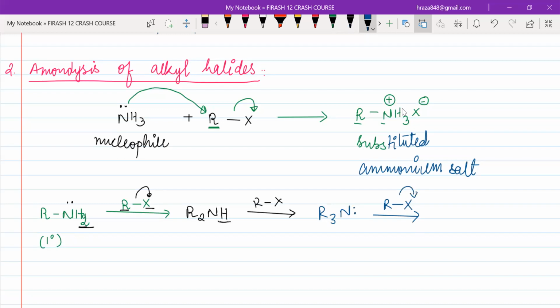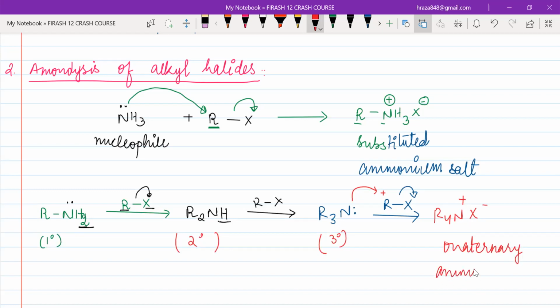This will take electron from here. X will take electron from R, so there will be a positive charge and it will attack on this. So it will be R4N positive and X negative. You can see this will be the formation of 2 degree amine, this will be the formation of 3 degree amine, and this will be the formation of quaternary ammonium salt. Quaternary ammonium salt.